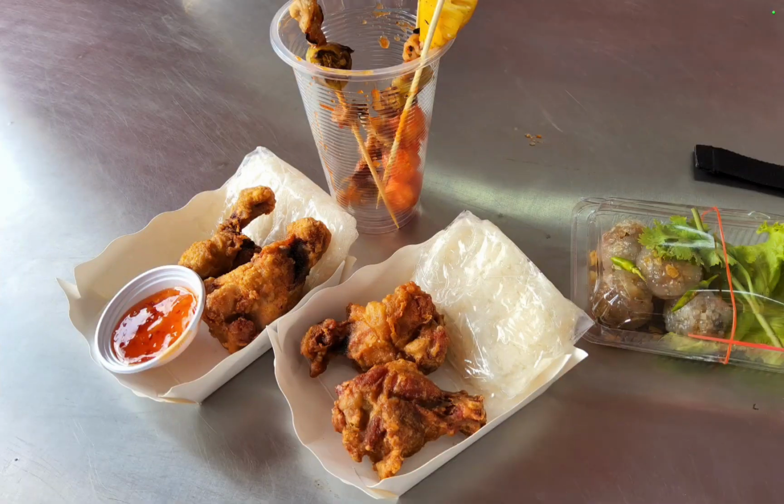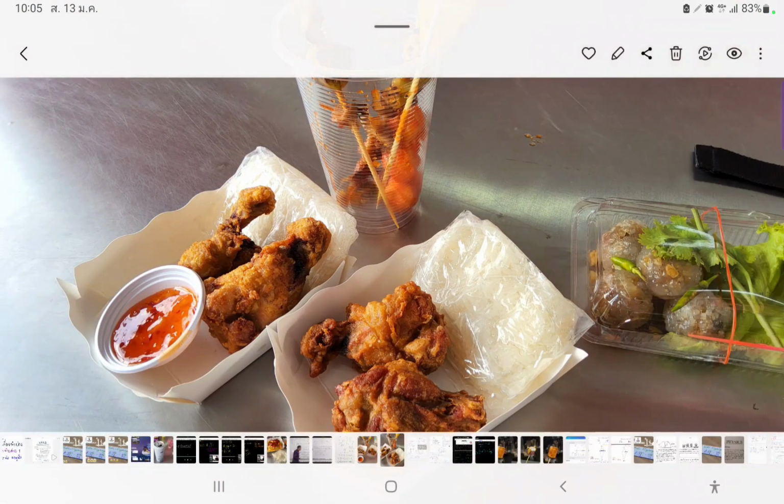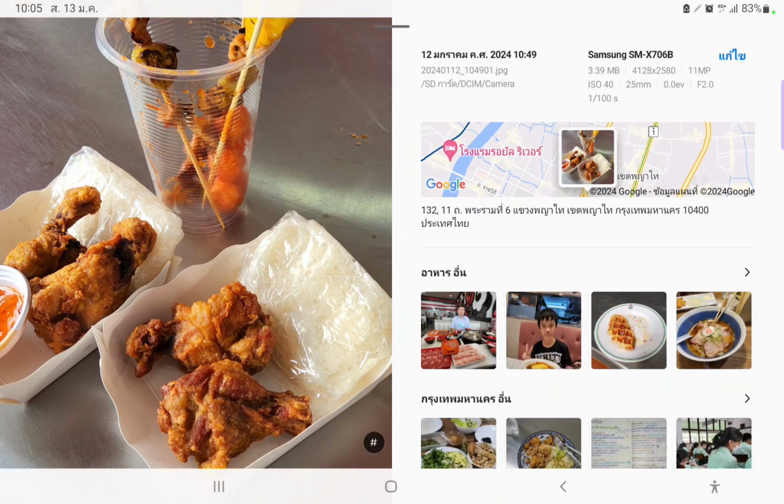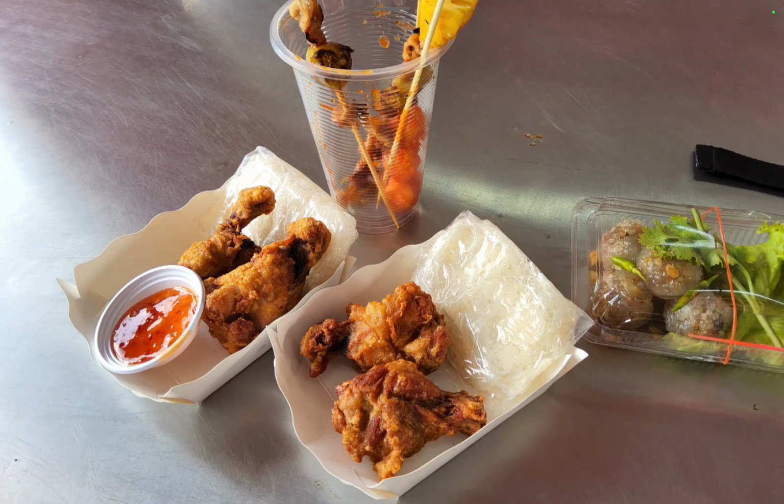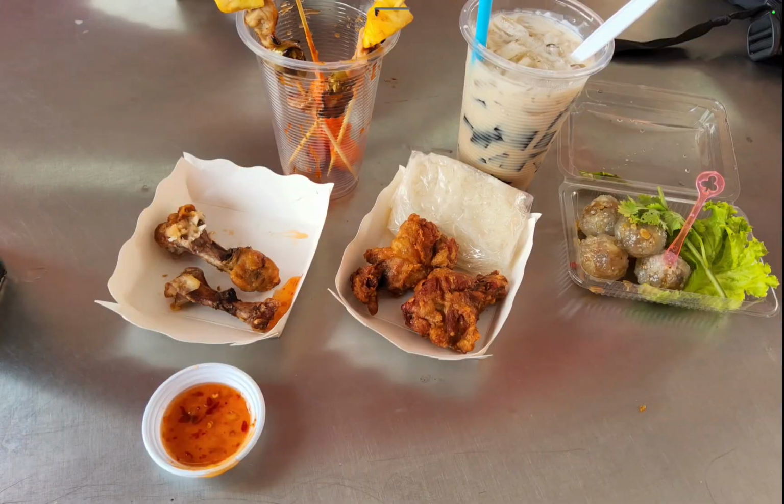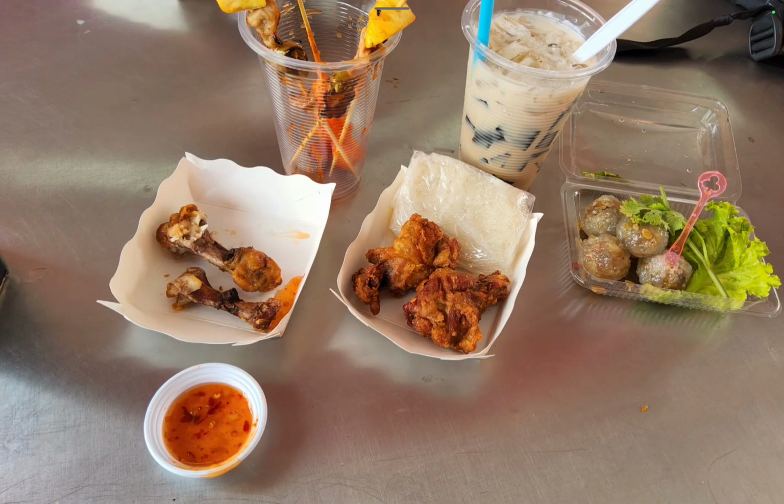Look, this is all free. This chicken is so good. Look, I was getting the food at 10:49 a.m. yesterday. Just so fast. This is so good. And then I took the food and came to the place where I placed my bag in the cafeteria, and then I ate all of this. This is a lot, and it's free, and I kept the table clean, and then I was doing physics.